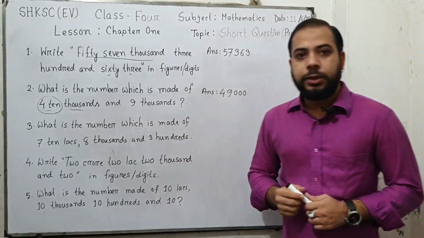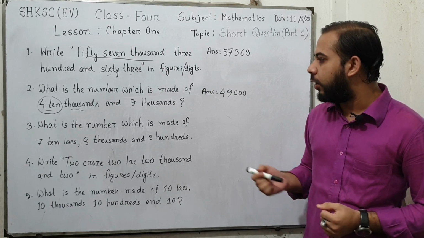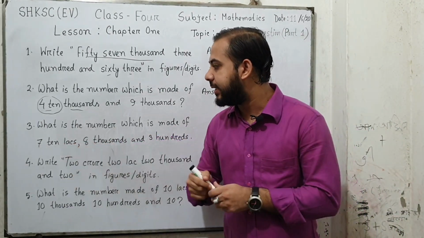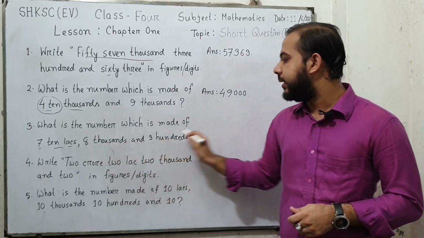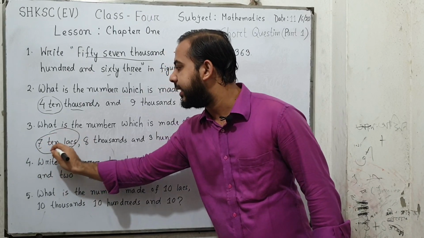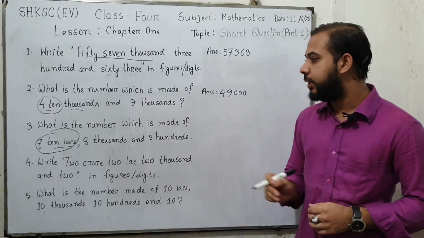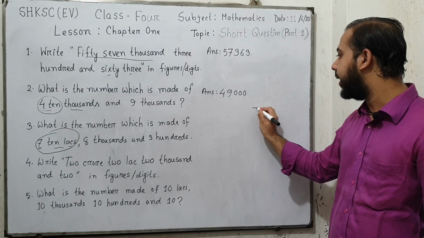Question number 3 says, what is the number which is made of 17 lakhs, 8,000s and 300? So at first, 17 lakhs. 17 means 70 here. So we have to write 70 lakhs at first.